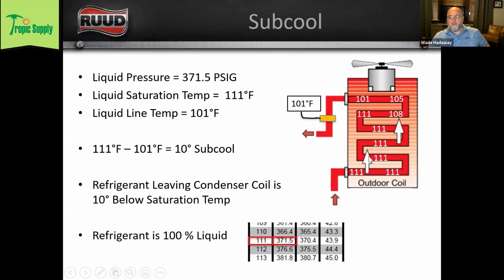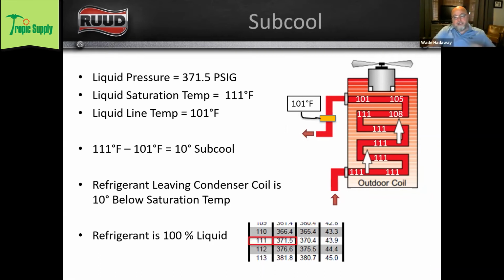We're condensing this refrigerant, and we don't actually start gaining subcooling until towards the very end of the coil. At this point, we've gone from 111 degrees to 108 degrees. Somewhere between this 111 and this 108 is where we became 100% liquid, and now we start subcooling the refrigerant.